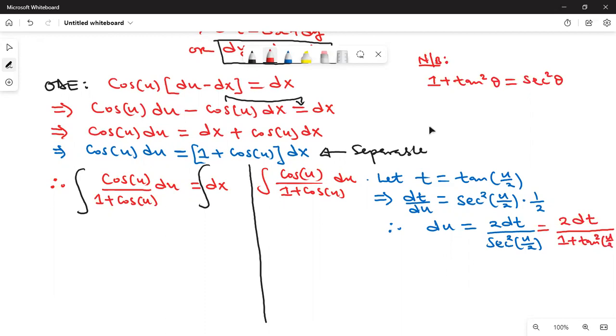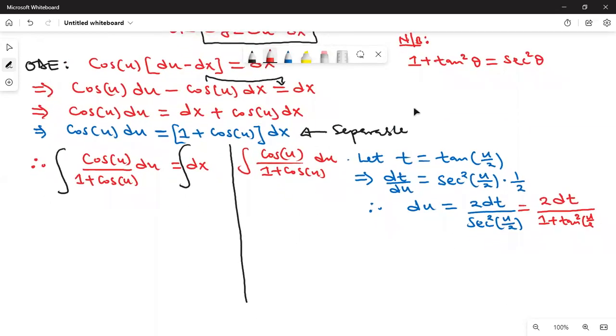But what is tan u over 2? We know it. Tan u over 2 is equal to t. So what is the square of that? Tan squared of u over 2 will be t squared. So this is the same as 2 dt over 1 plus t squared. That is du.